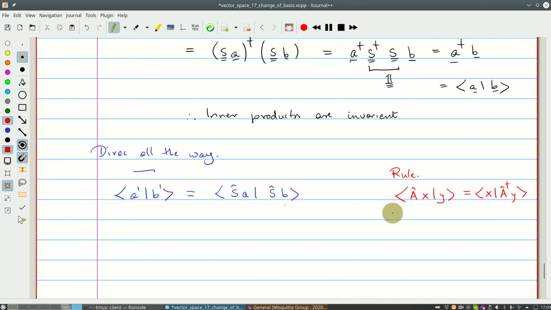And likewise, if you have an operator A on the ket side, you can move it to the bra side and it becomes its adjoint.